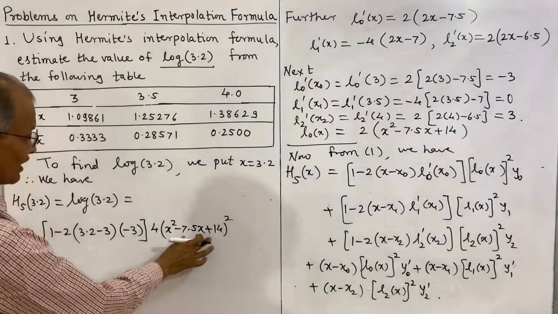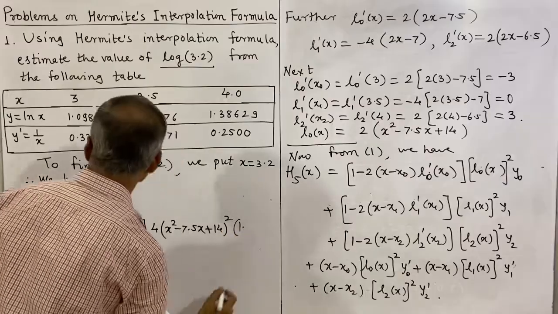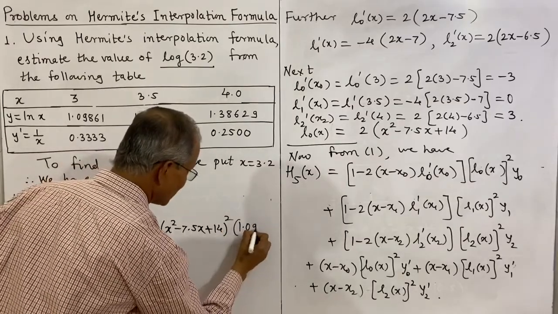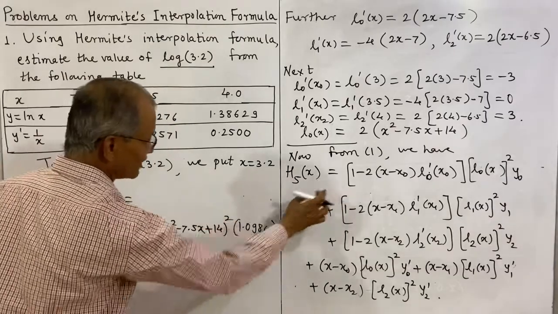This is L naught square, and what is y naught? Y naught is this value, 1.09861. So this is the first term I have written here.